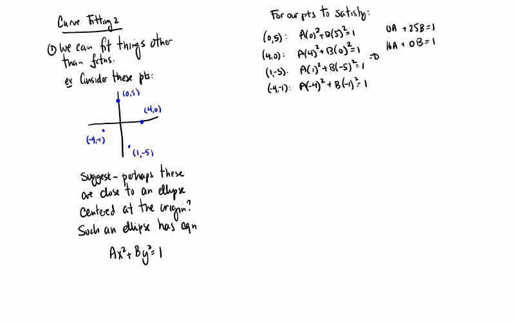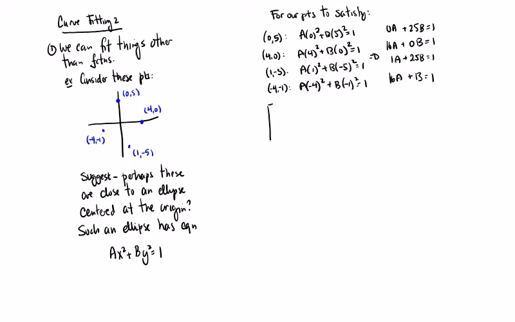And so noticing these first two equations, it looks like we could solve for a and b, but the point is that we can't actually find a and b. So we have this system.